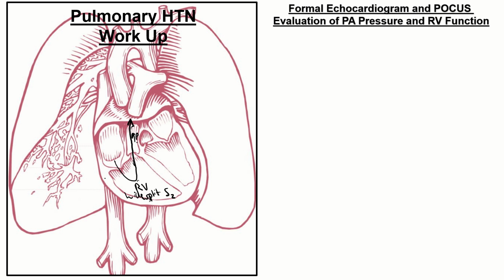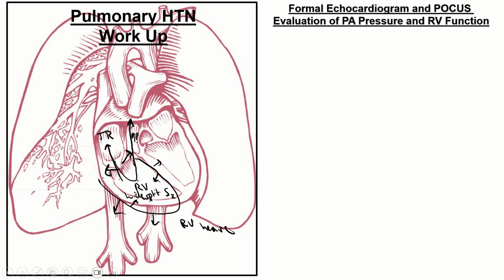Other things is eventually these patients can start getting increased pressure in the RV, and when the RV is pumping very hard, you get an RV heave. And lastly, once they start getting dilation of the right side of the heart, that can dilate the tricuspid valve, and the leaflets can come further apart, and you can get tricuspid regurgitation as well.